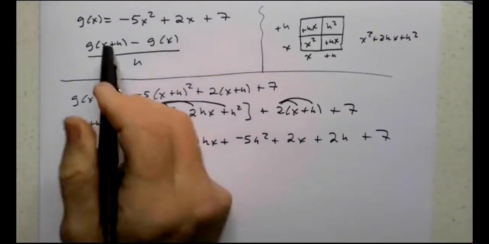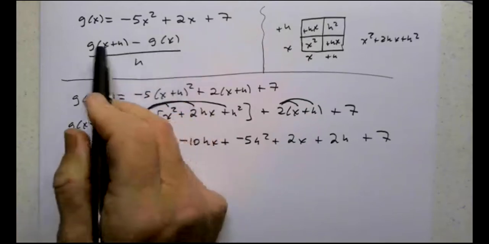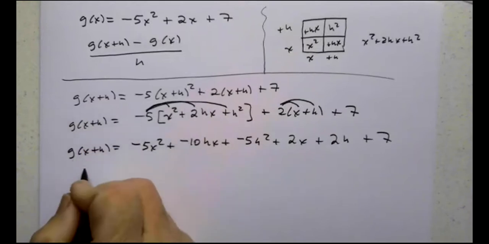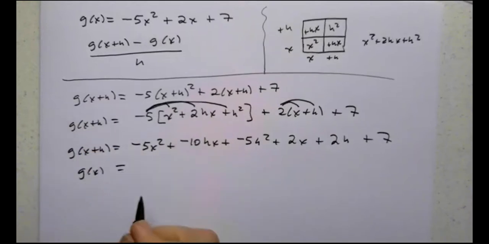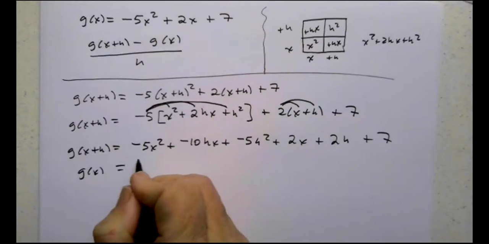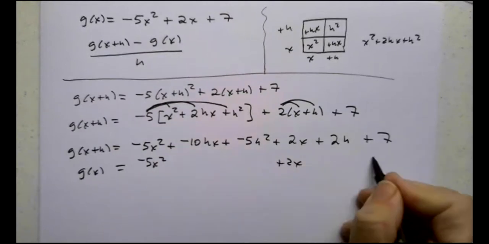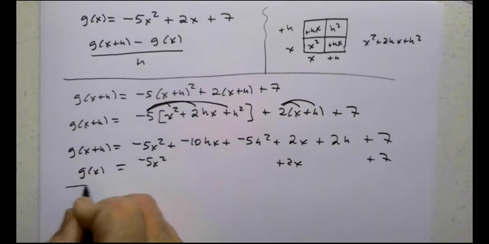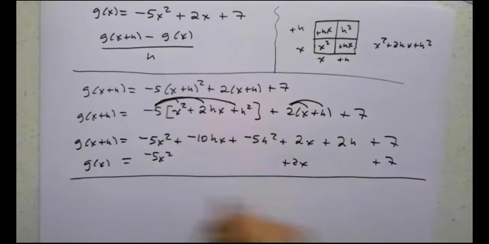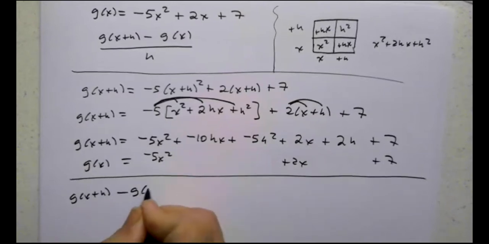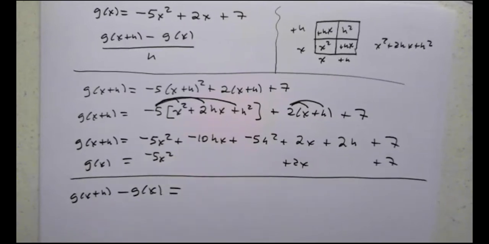Now, come back and look at this. I need g of x plus h minus g of x. So what I'm going to do is underneath, I'm going to write g of x, and I'm going to subtract these. So g of x, you'll notice, is negative 5x squared plus 2x plus 7. So that when I subtract, you'll notice we get some cancellation. What subtracts out?